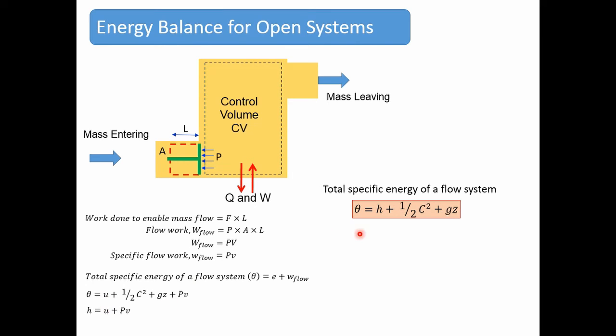Therefore, we can specify the total specific energy of a flow system as enthalpy plus specific kinetic energy plus the specific gravitational potential energy. In an open system, enthalpy is the amount of energy that is transferred across the system boundary by a moving fluid. And as you can see, this enthalpy is composed of internal energy and the flow work.